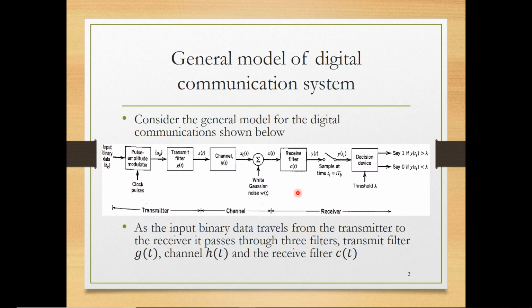Because you have 3 filters, the response of each filter is given. If I tell you to find the response of the whole system, you just convolve all the filters with each other. If you find the convolution hard to compute in time domain, you just go to the frequency domain, take the Fourier transform of each filter.